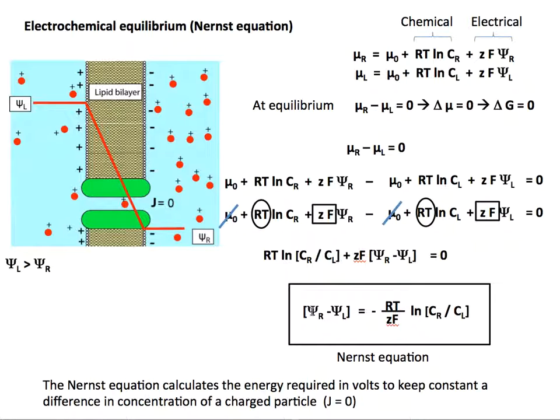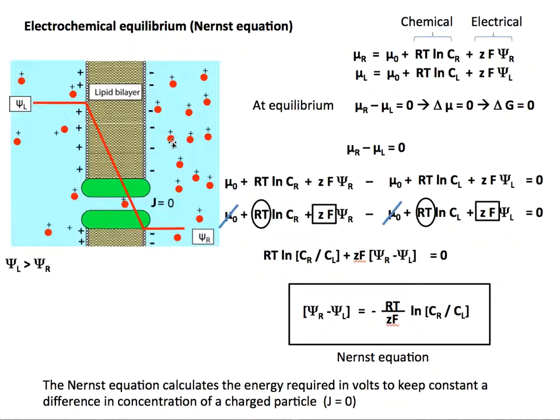So this Nernst equation gives you a voltage value you need in order to prevent a flow of the ions from one side to another. Well, the net flow is going to be 0 because that's the definition of equilibrium.